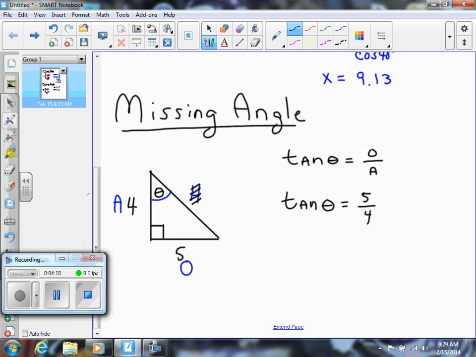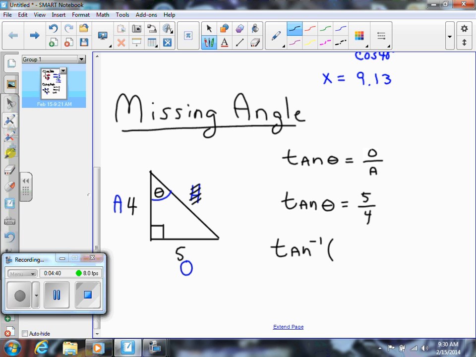Now when solving for an angle using your calculator, there's different calculators out there, and you may have to punch this in a couple different ways. On my calculator, I'm going to hit the second function button and then tangent. And what that does is it activates the inverse of tangent, which allows me to find the angle.